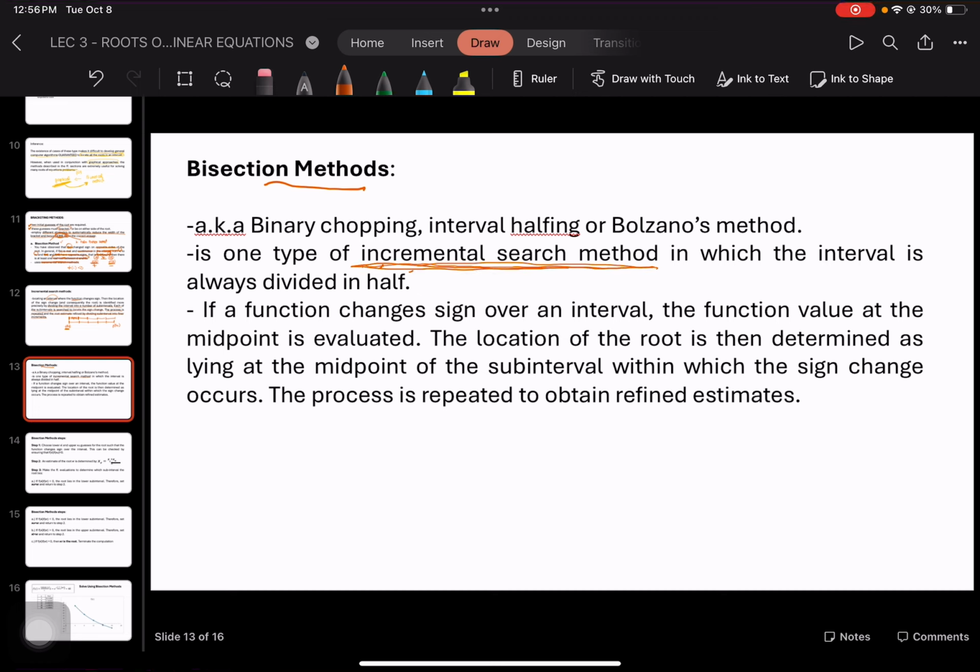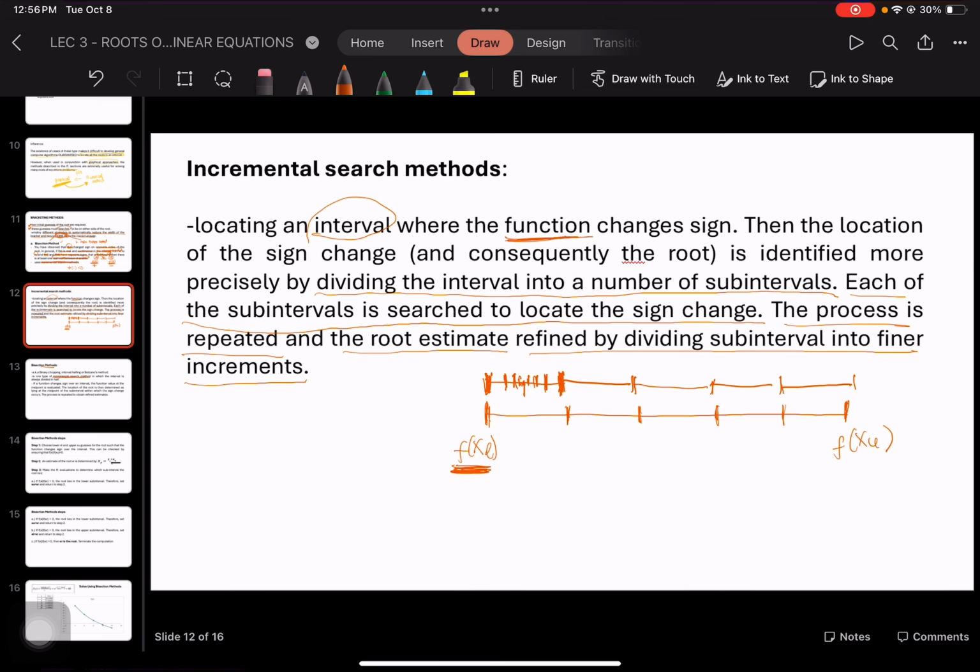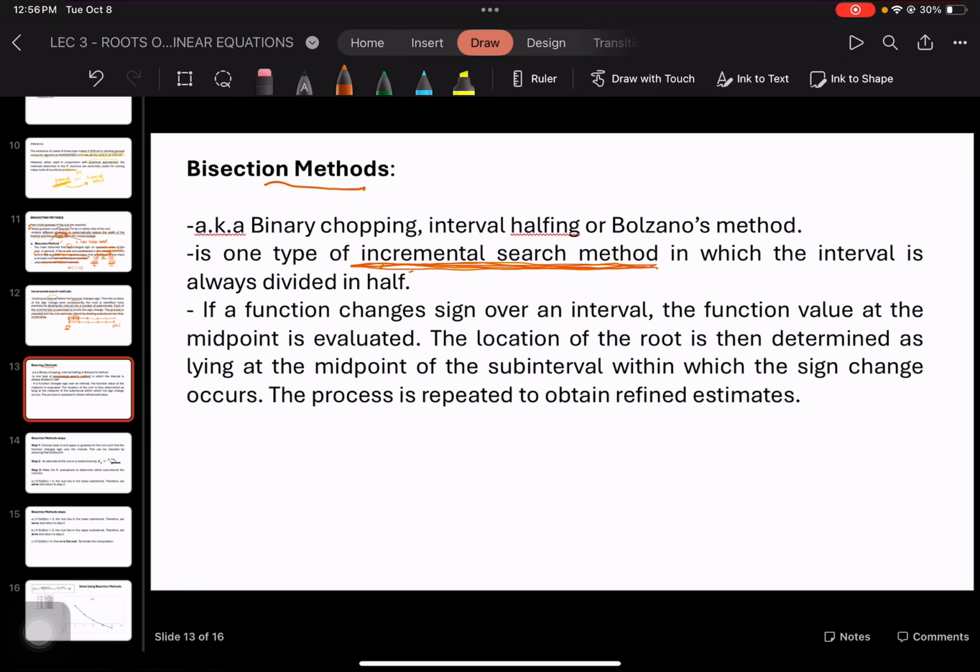Pero yung way niya on lessening the interval, no? Kung paano niya to ginawa, pag nahanap niya na may sign change dito, paano niya ba gagawin or paano niya papaliitin yung interval na to? Ang way niya is to always divide the interval into half.